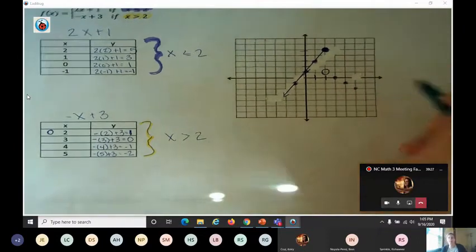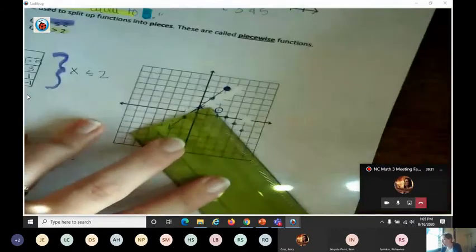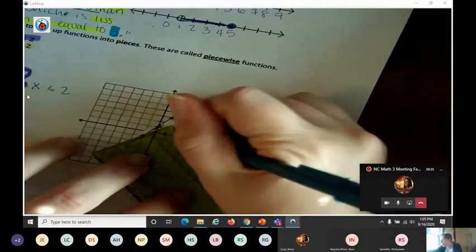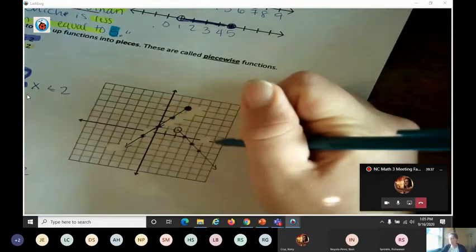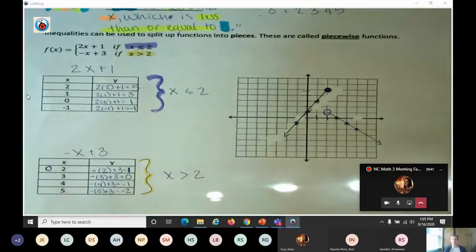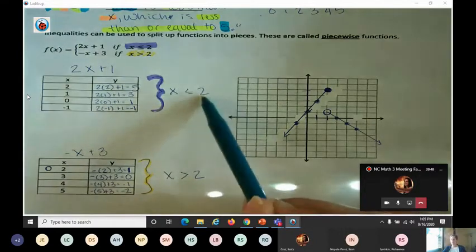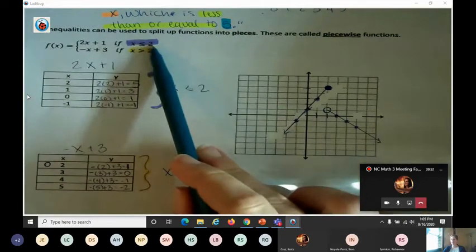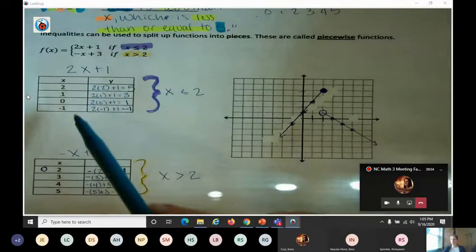Okay, so then I'm going to take my straight edge and I'm going to draw a line through all of those points. Sorry, I had to move my paper to get my ruler to fit. And that should be what our final graph looks like for our piecewise function. So we split it into 2 pieces. We always start with the number that's in our inequality and then go whichever direction we need to.